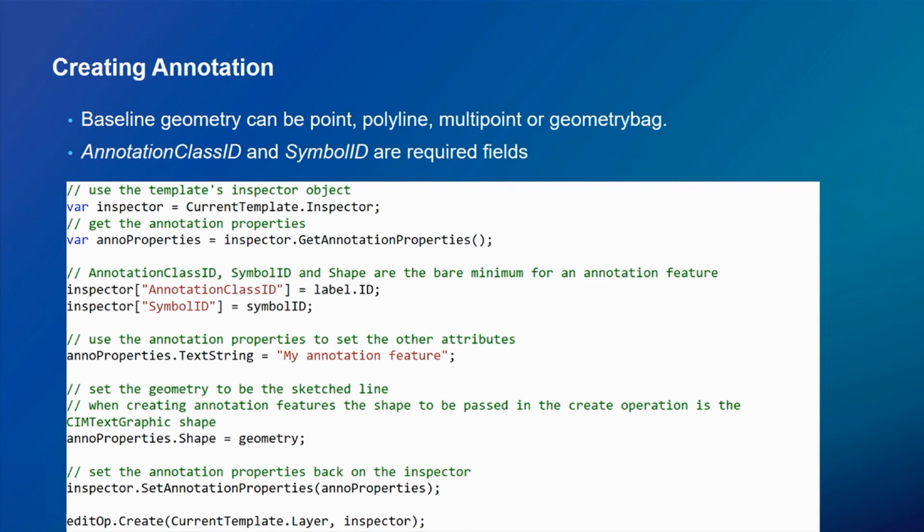If you're interested in changing the default values of a template and you're using the inspector, this is the Create overload that you want to use for annotation. Normally with a construction tool, the Create overload is the template and a geometry. If you want to change those default attributes of the template, you need to use the layer and the inspector overload.